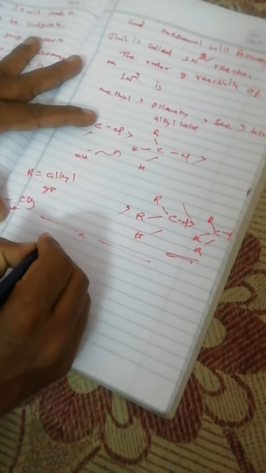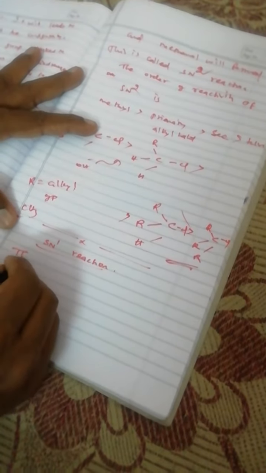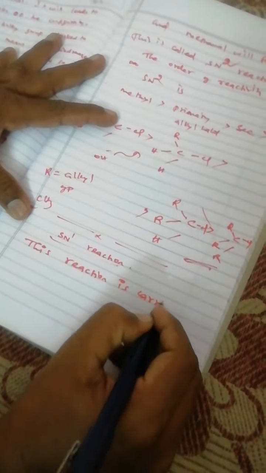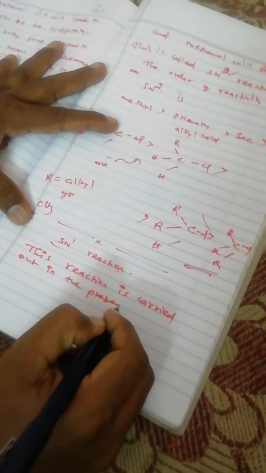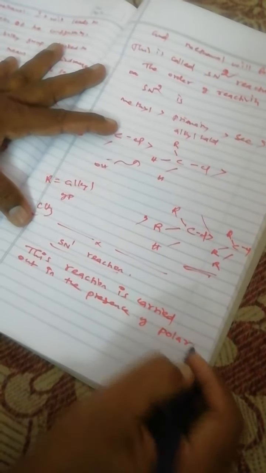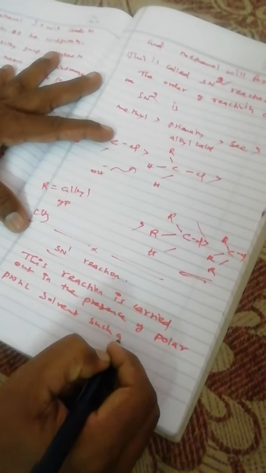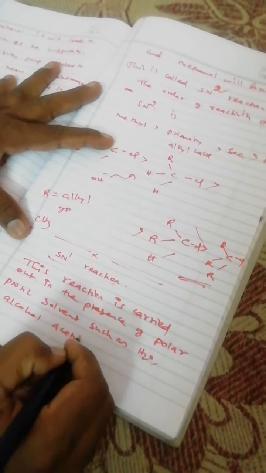Now the SN2 reaction is done. Next is the SN1 reaction type. SN1 reaction mechanism. This reaction is carried out in the presence of a polar protic solvent such as water, alcohol, acetic acid, etc. Now I am going to explain this.